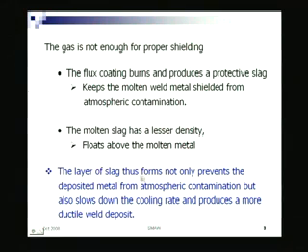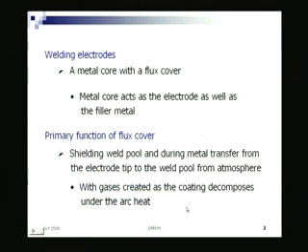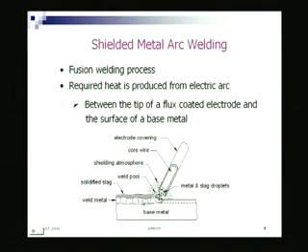So, the layer of slag that forms not only prevents the deposited metal from atmospheric contamination, it also does another work, as you can see: it slows down the cooling rate. Because, if you go back to this schematic figure, this is the solidified metal, say this is my solidified layer, and over that is the solidified slag.